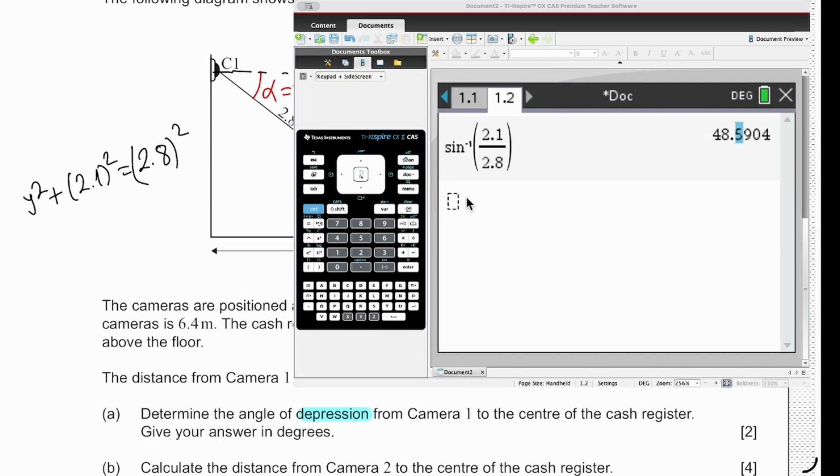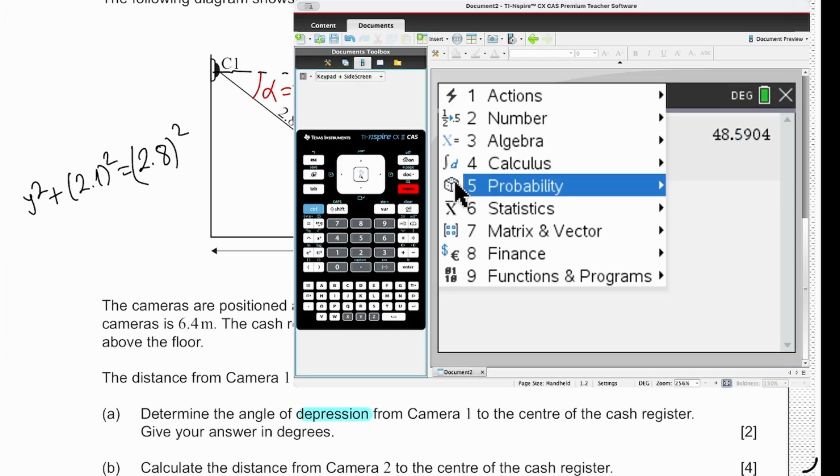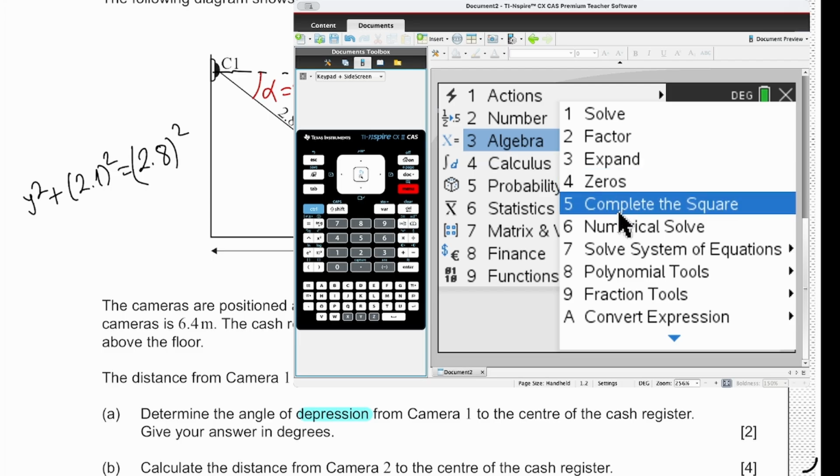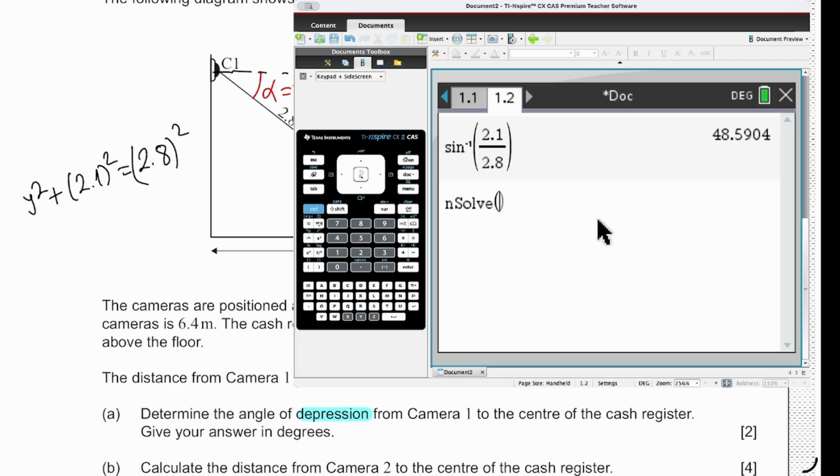So go to menu, algebra, numerical solve, and y squared plus 2.1 squared equals 2.8 squared.